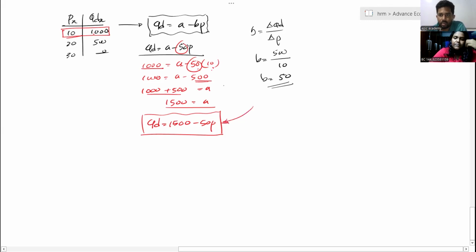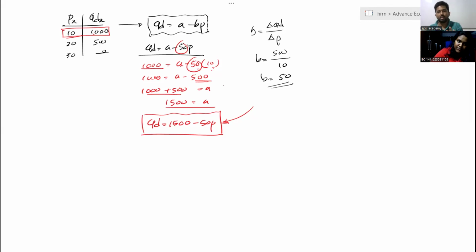Just try it by using different types of schedule. You can copy a demand schedule from the internet, Google, or just ask ChatGPT to create the demand schedule for you. Then by using that schedule, you can create the equation. This is the method you can practice.